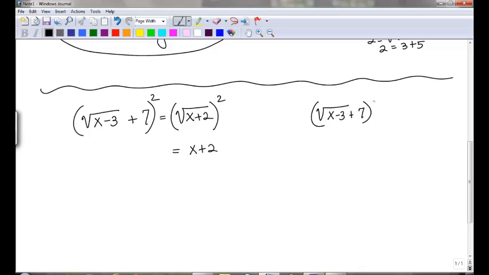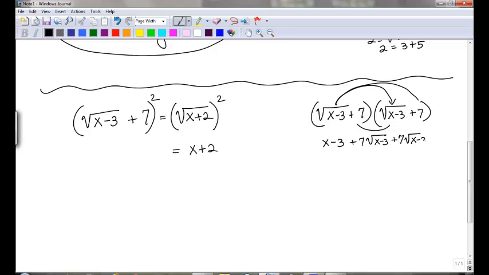If I square this, I'm going to write it out twice. So I multiply this out. When I multiply just radical x minus 3 times radical x minus 3, it's just going to get rid of the radical, so it's just x minus 3. When I multiply this out, it's going to be positive 7 radical x minus 3. You always put the coefficient in front. Now I multiply this, it'd be positive 7 radical x minus 3. And then the last would be 49.